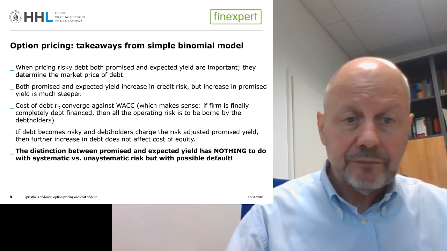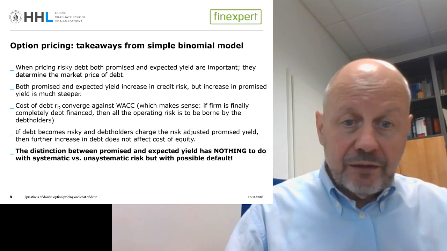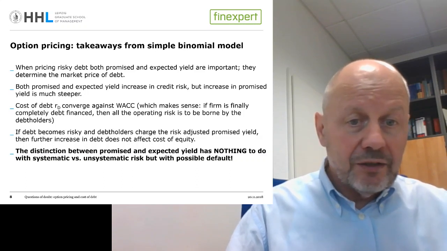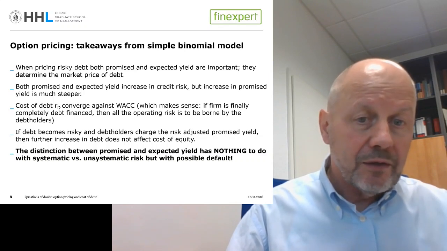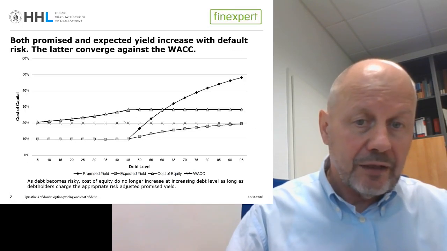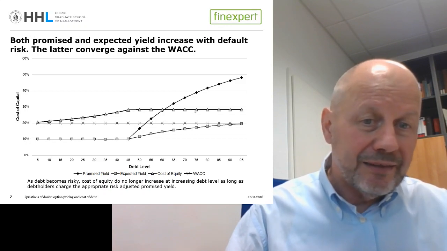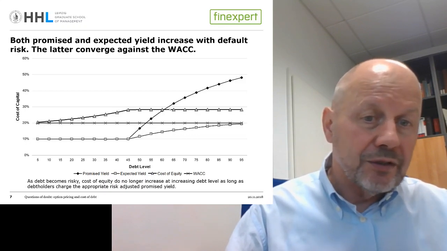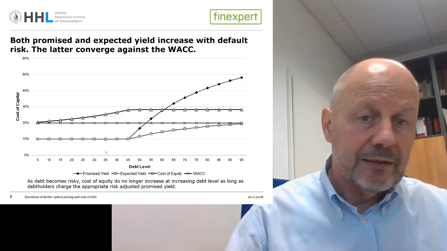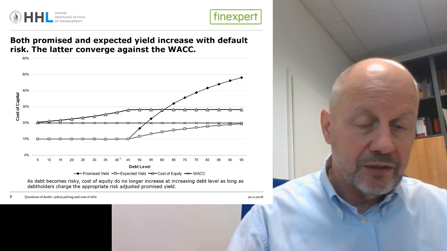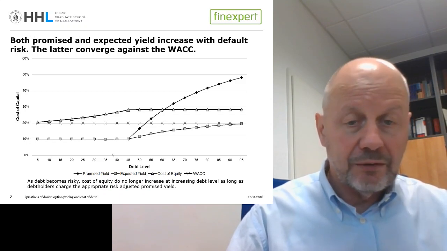Finally, we have also seen that the cost of equity in the simple model does not increase further if the debt has become risky, because any further increase in debt increases the risk of the debt holders, they charge a compensation for this, and that means the risk and the cost of equity of the equity holders is not affected by any further increase in the debt level in this example.